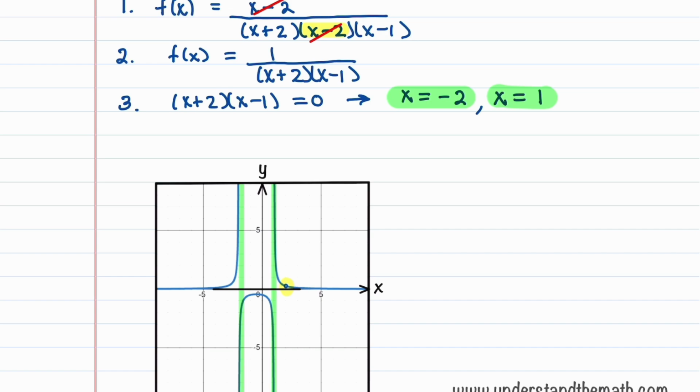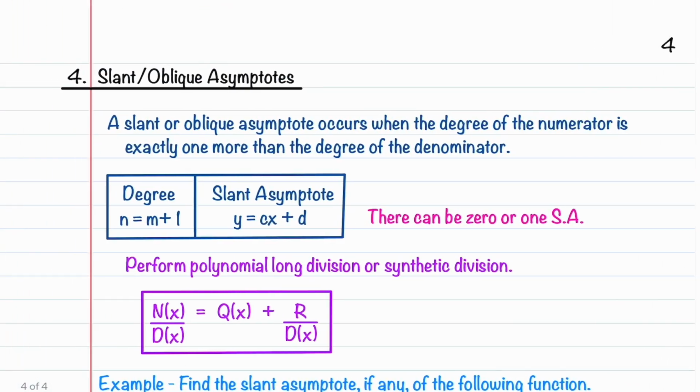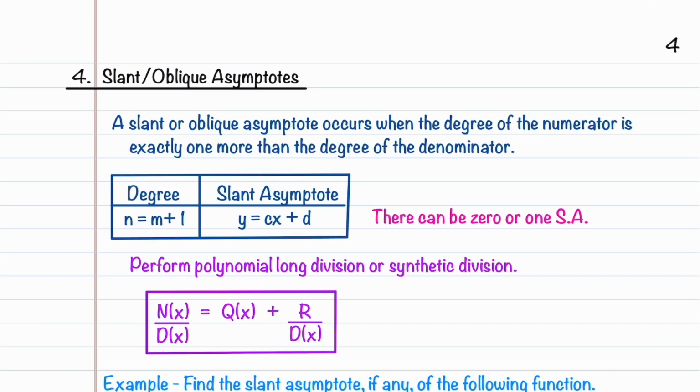Let's now learn about slant asymptotes. The last asymptotes that we're going to look at are called slant or oblique asymptotes. A slant or an oblique asymptote occurs when the degree of the numerator is exactly one more than the degree of the denominator. Let's look down here at our chart.